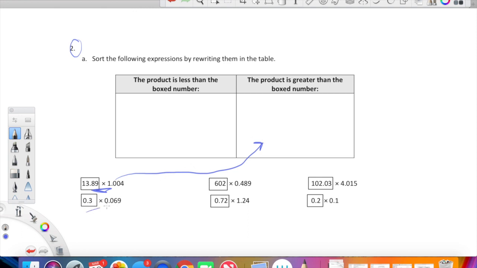Next one. 0.3 times 0.069 would go in the less than box.